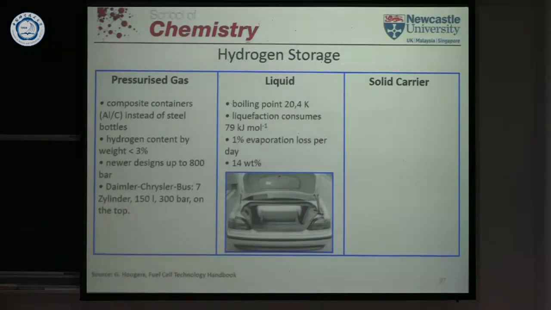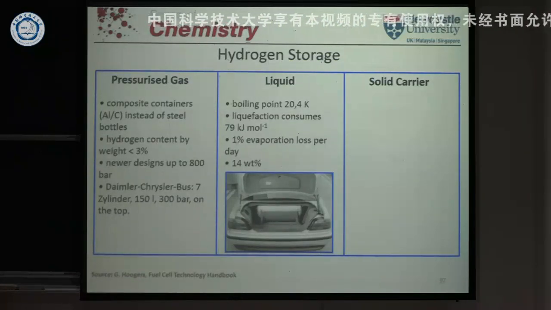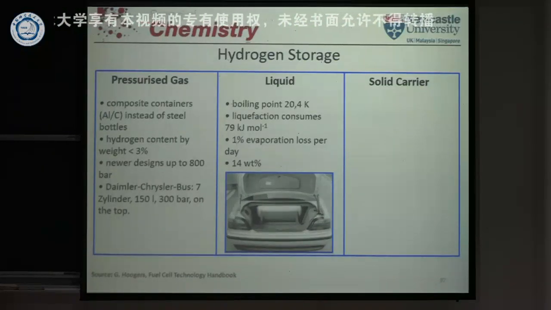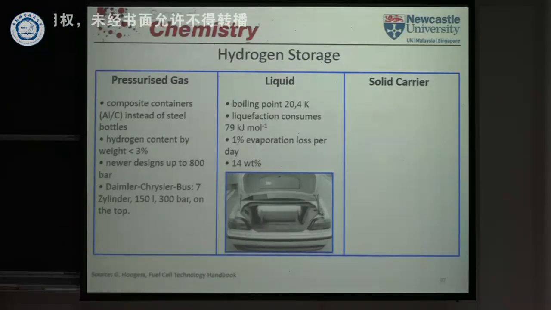Now, when you go to liquid hydrogen, the situation becomes much more advantageous regarding the amount of hydrogen you can bring in per volume, because liquid hydrogen, of course, contains more hydrogen than gaseous hydrogen.